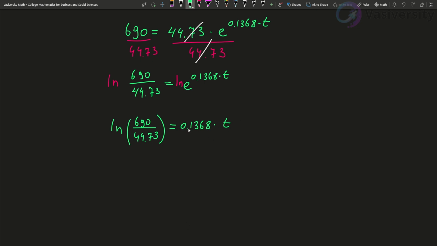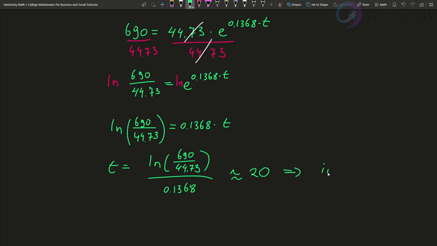So we have to divide both sides by that number. So t is equal to the natural logarithm of 690 over 44.73 divided by 0.1368. And if we plug that into a calculator, we will get roughly 20, which means that in 2020 we will hit 690 billion. Okay, perfect. That's essentially how we would solve those kinds of problems.